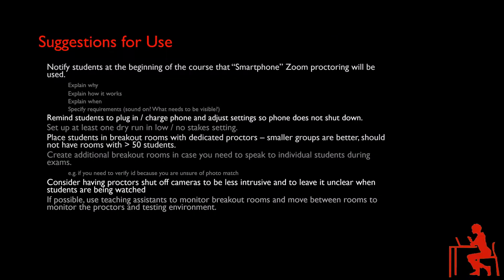In terms of specific suggestions for use, I would suggest that instructors who want to use this approach notify students at the beginning of their course that smartphone Zoom proctoring will be used.